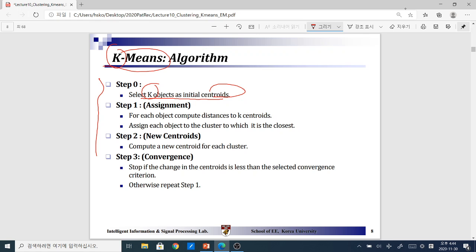We have to have that a priori information or decision so that this clustering can take place. And then the next step is that for each of the samples, we compute the distances to each of these k centroids. And then we assign the samples to the cluster to which each is closest. So this is the assignment step.